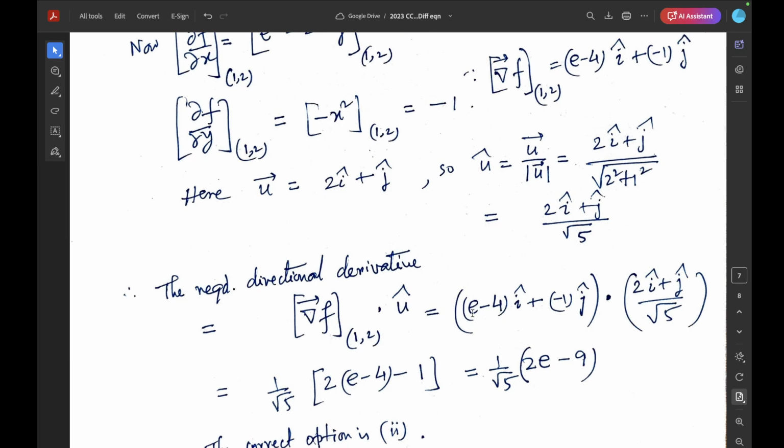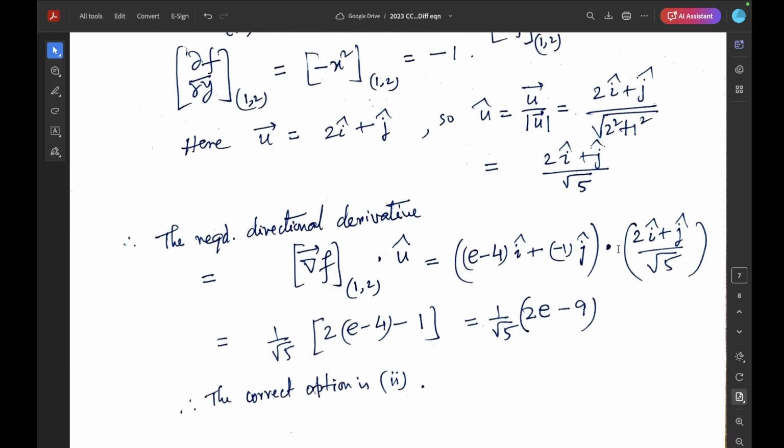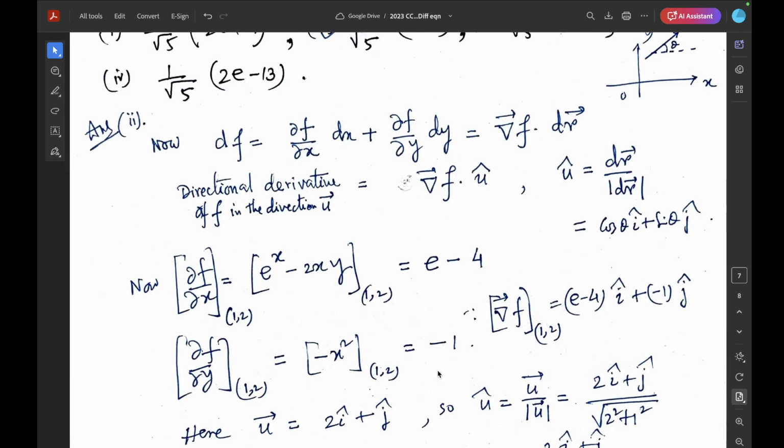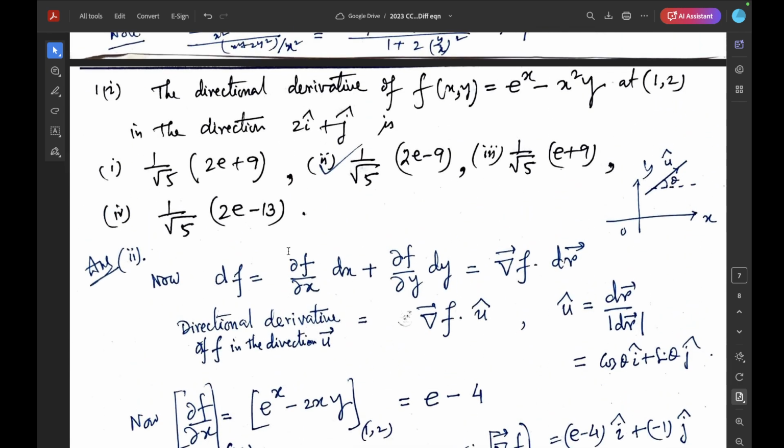So this is ((e minus 4) i cap minus j cap) dot (2i cap plus j cap) by root 5. So 1 by root 5 times (e minus 4) into 2 plus minus 1 into 1, so we get 1 by root 5 times (2e minus 9). So correct option is 2.